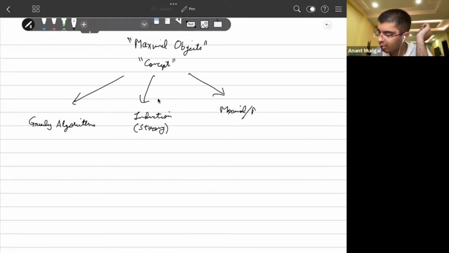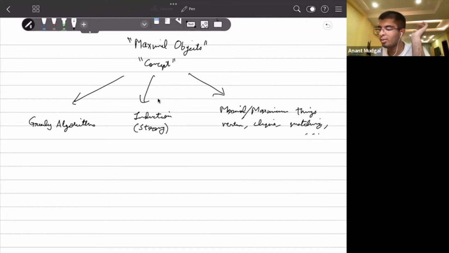Maximal or maximum, and we'll get to the distinction between these two in a minute. Things. So by things, I mean something more combinatorial, like a vertex, a clique, a matching, something which is maximal.